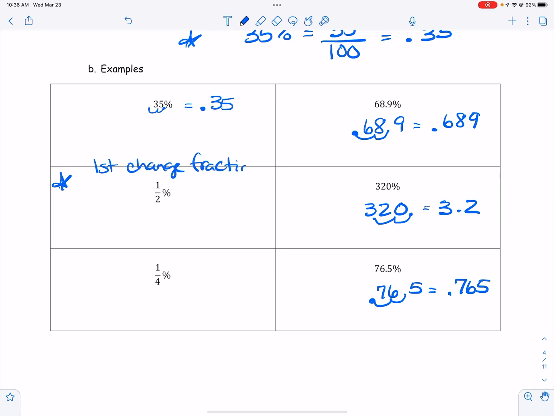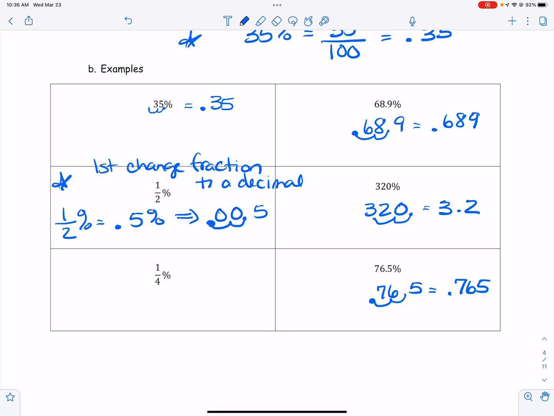fraction to a decimal, which hopefully you should know. 1/2% is going to equal 0.5%. And then we drop the percent sign and move it 2 places to the left. So my answer is going to be 0.005.